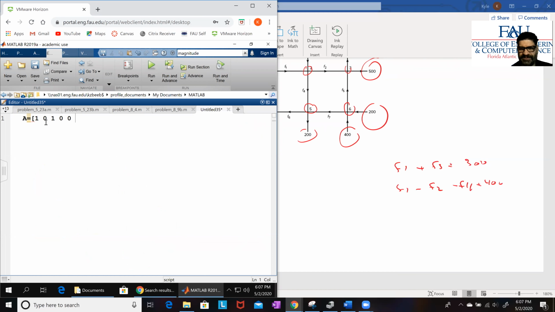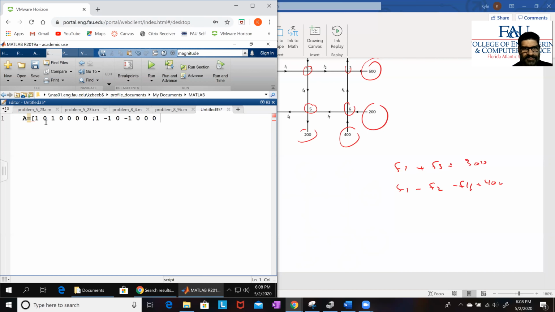So 1, 0, 1, 0, 0, 0. So that is the first equation. Second equation is 1, minus 1, and then 0, 0, then minus 1, then 0, 0, 0.